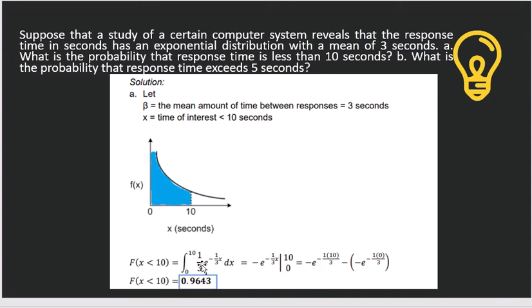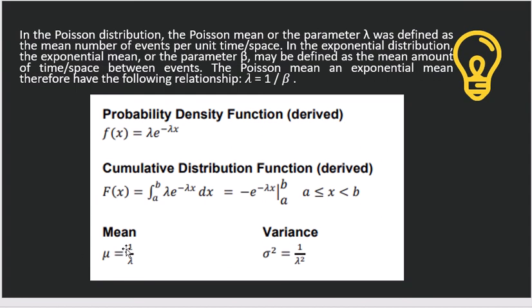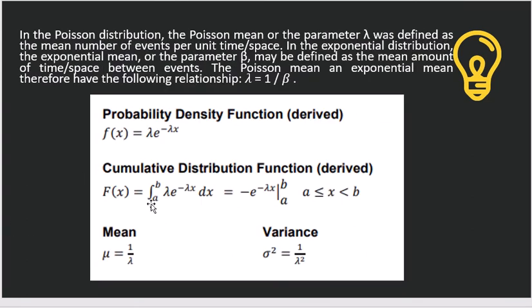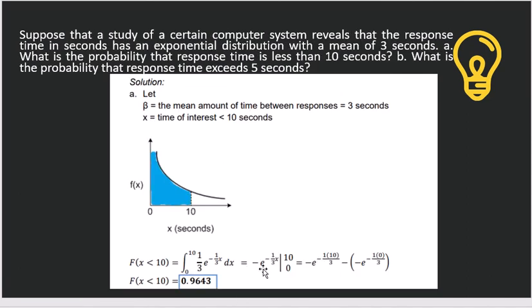So you're going to have 1 over 3, that is according to the formula, your mean. So we have e raised to, according to your formula, you just raise it to your element, the Poisson mean, which is equivalent to 1 over 3.